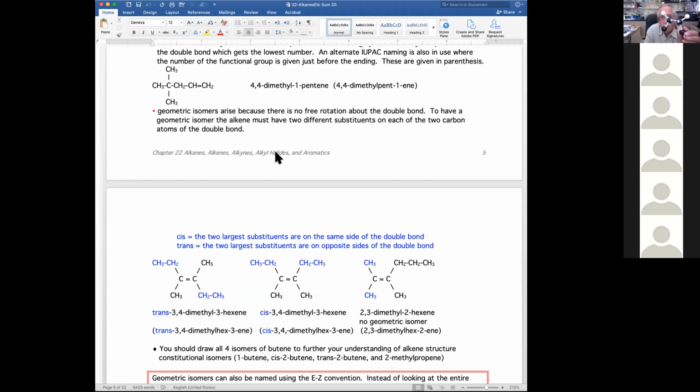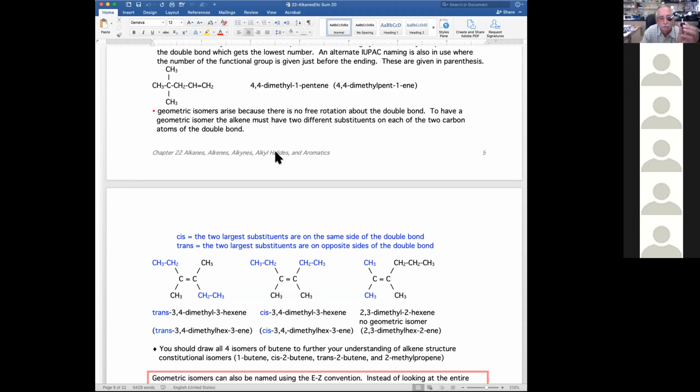So when I'm naming this compound, this is 1, 2, 3, 4 in a row, so it's 2-butene, right? But this compound was different than the one I just had. They're different by their shape.